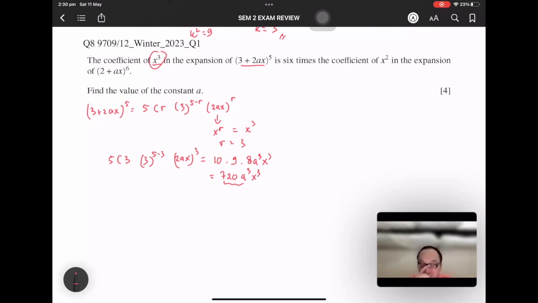Now we are looking for the coefficient of x squared from (2 + ax)^6. So the formula is, n is 6, so 6Cr, 2 to the power of 6 minus r, and (ax) to the power of r. Now we are looking for x squared, so the x is only coming from here, x to the power of r equals x squared, so r equals 2.